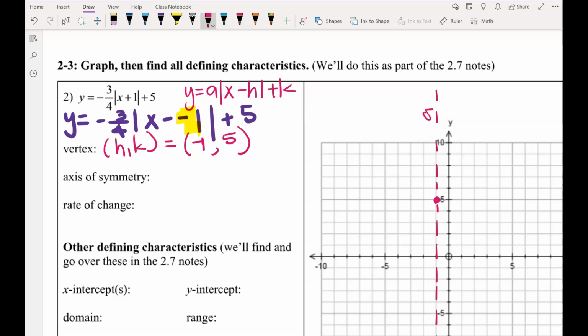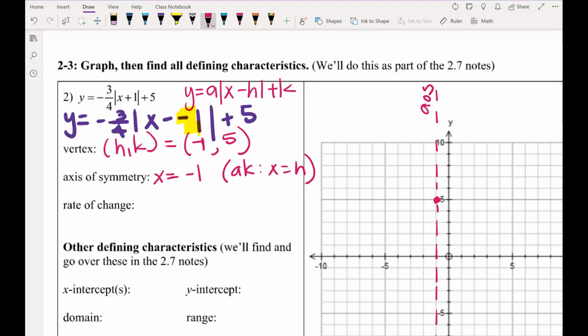I'm going to call it AOS, axis of symmetry. So that's going to be x equals what, guys? Negative 1. It's always x equals h. The rate of change represents what, guys?